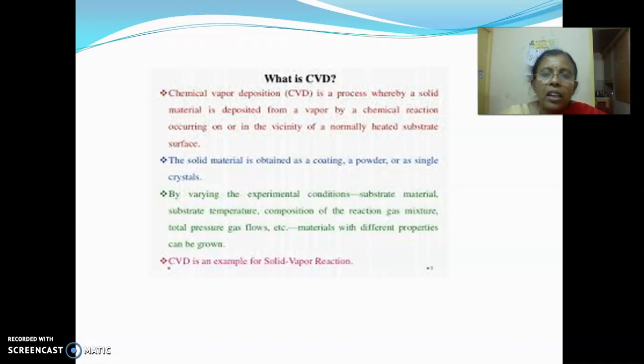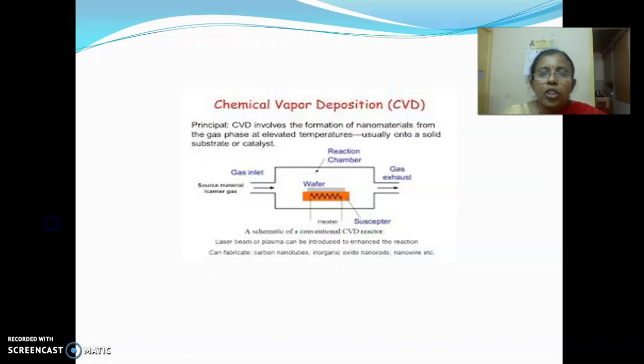Whenever we are thinking of various properties, we take different compositions and different gas mixtures, and different substrates can be taken, substrate temperatures can be changed, and substrate materials can be changed. So most of the experimental conditions can be changed. CVD is the best example of a solid vapor reaction.